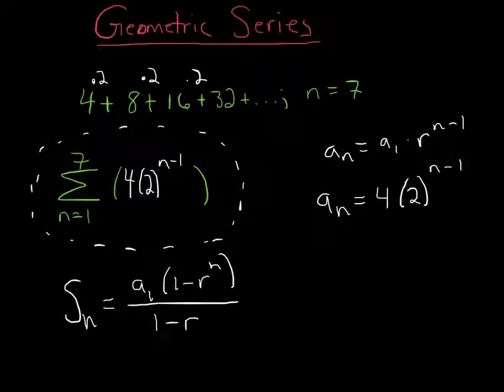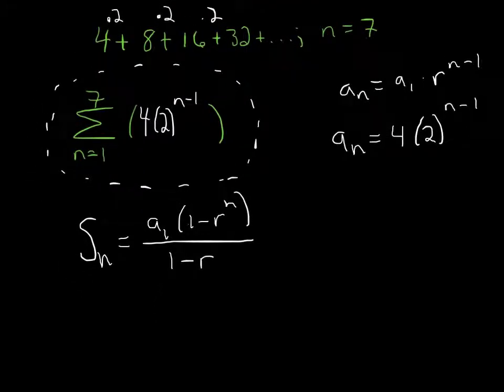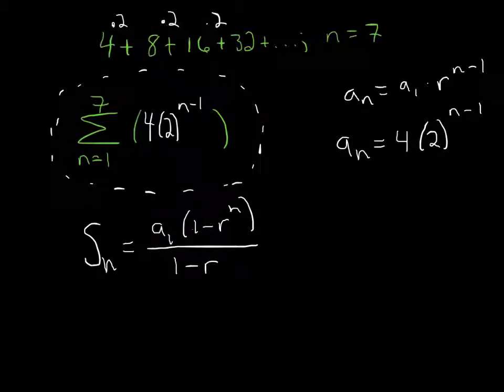So the first term, hey, they gave it to us already, but let's say that we didn't know that and we started out with this. To find the first term given the explicit formula, we would write a sub 1, and we'd use n equal to 1. 1 minus 1 up here is 0, and 2 to the power of 0 is just 1.